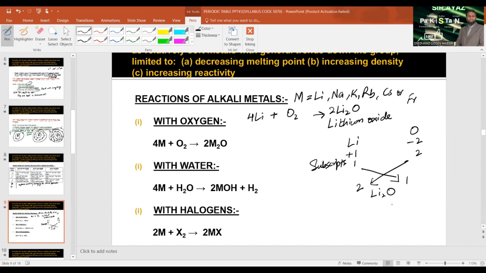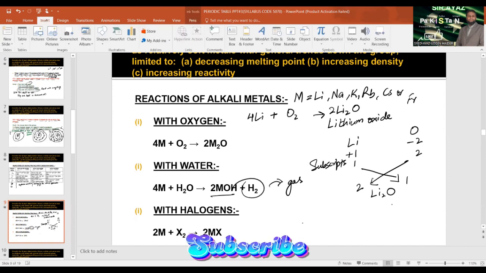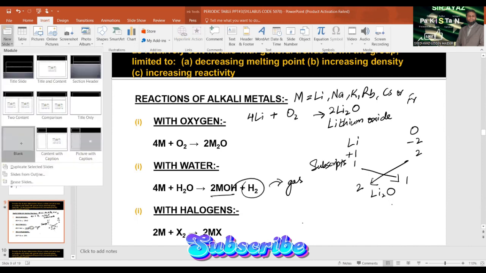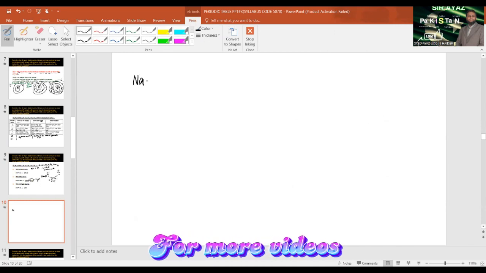Now, when you react these metals with water, you'll get two products. You will get metal hydroxide and hydrogen gas. So, if you are reacting sodium with water, what will you get? Na plus H2O.